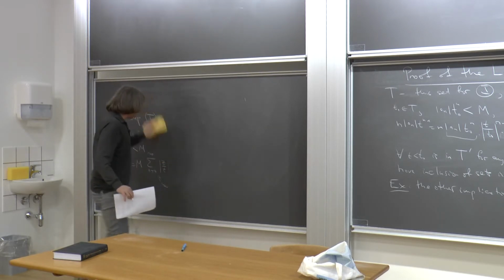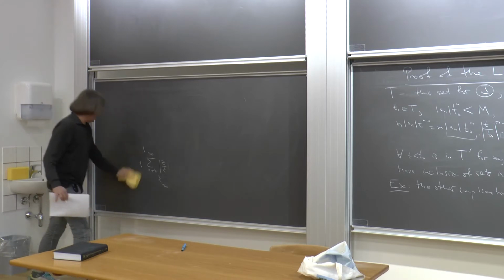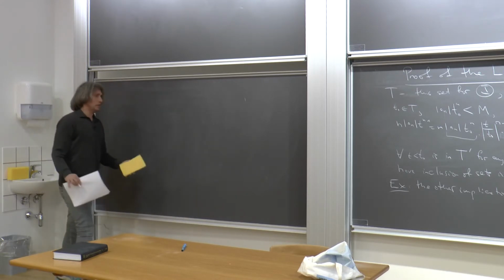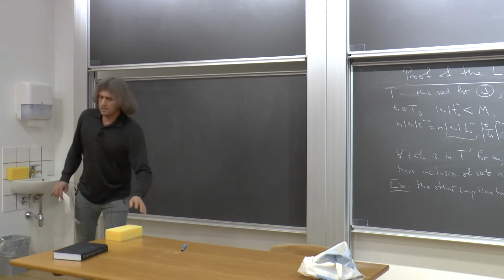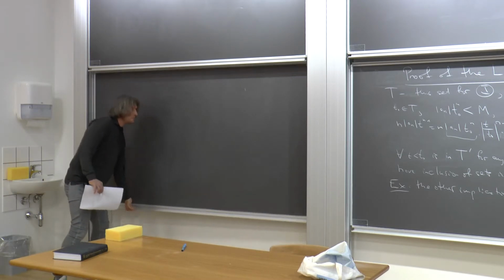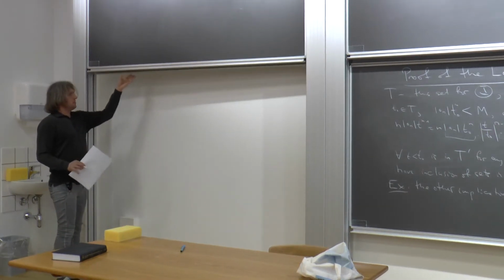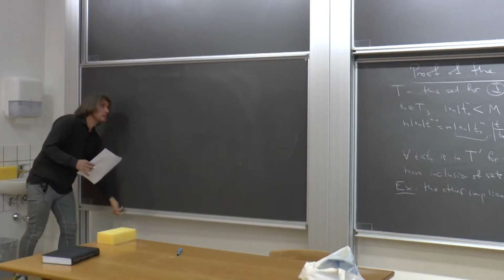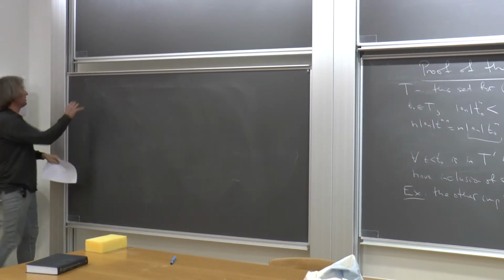Let's try to do it carefully. Certainly it's covered in the book, but I'll try to discuss it in such a way that we'll see what's going on slowly. So, theorem.